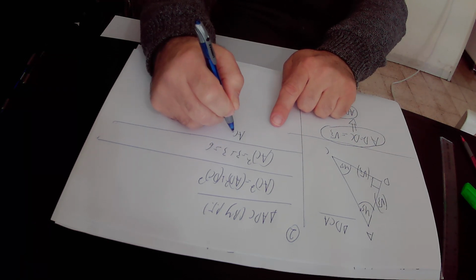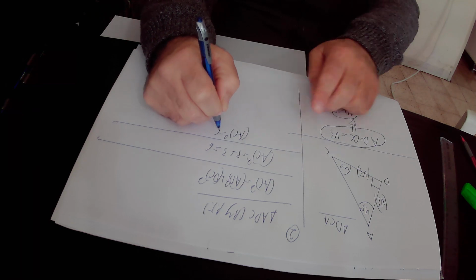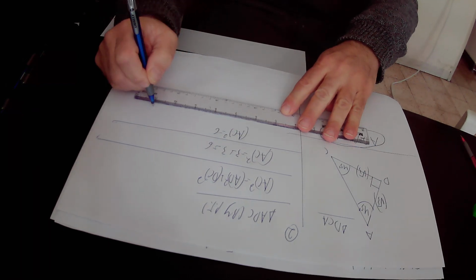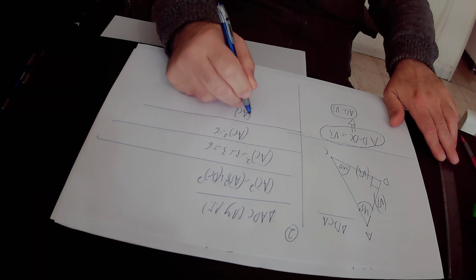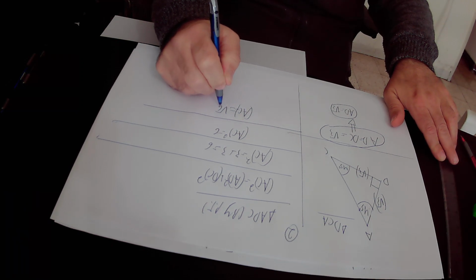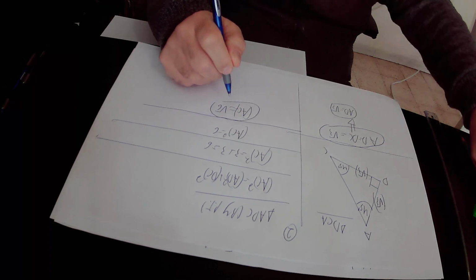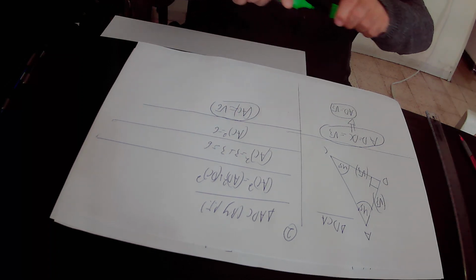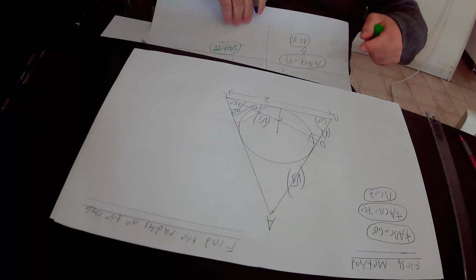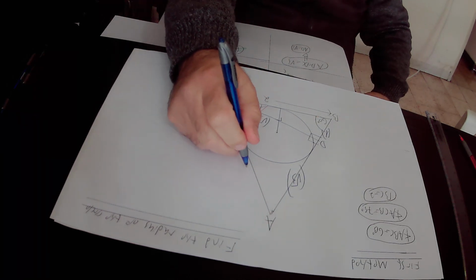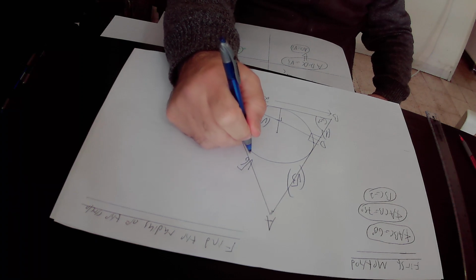AC squared equals 6. Here we take the root of this equation, and finally we get that AC equals the square root of 6 units in length. So side AC of triangle ABC equals the square root of 6 units in length.